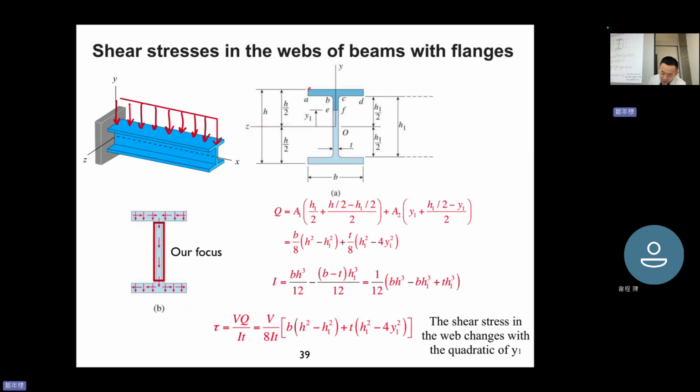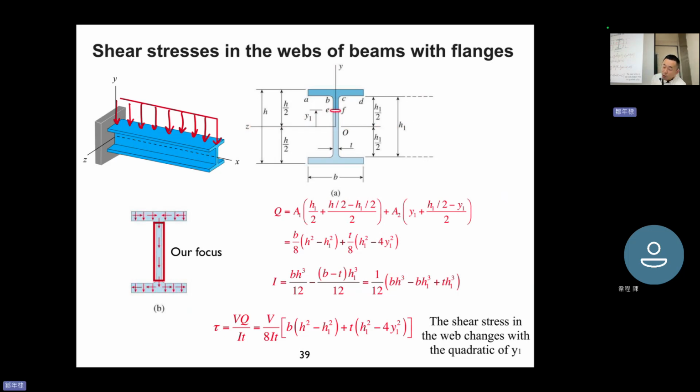And you see that there's a shape like this, I. And if we want to know the shear at the level EF, and this EF is above the neutral axis Y1, okay?